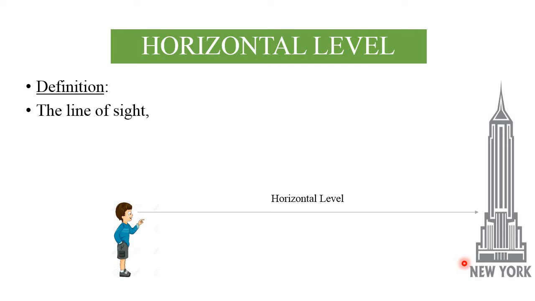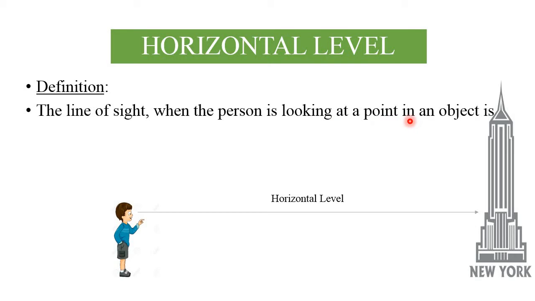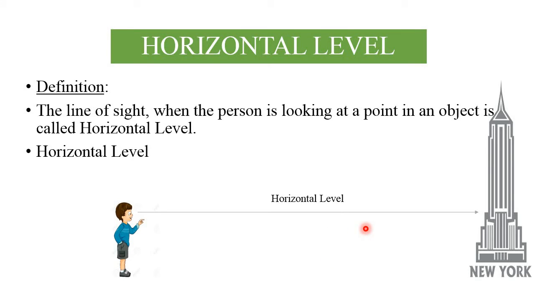The definition says that the line of sight when the person is looking at a point in an object horizontally is called horizontal level. This horizontal level is parallel to the ground, and horizontal level is always parallel to the ground.